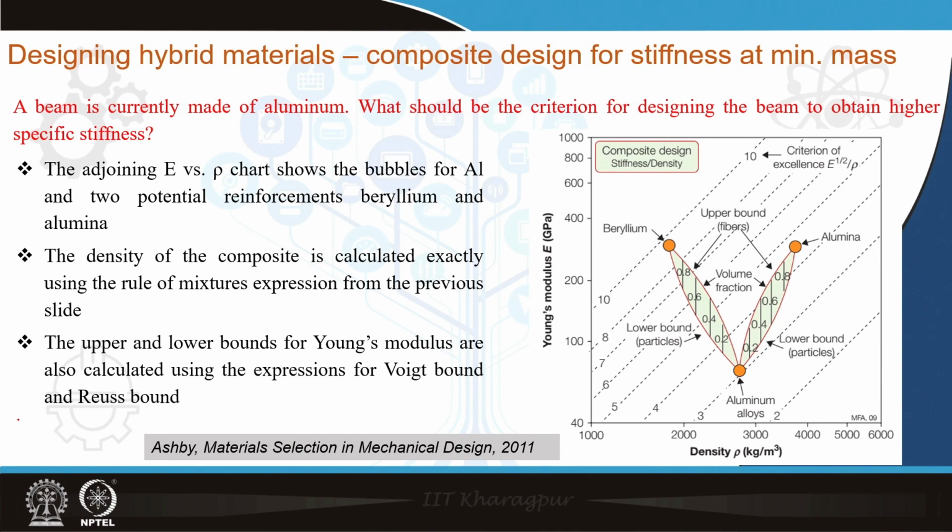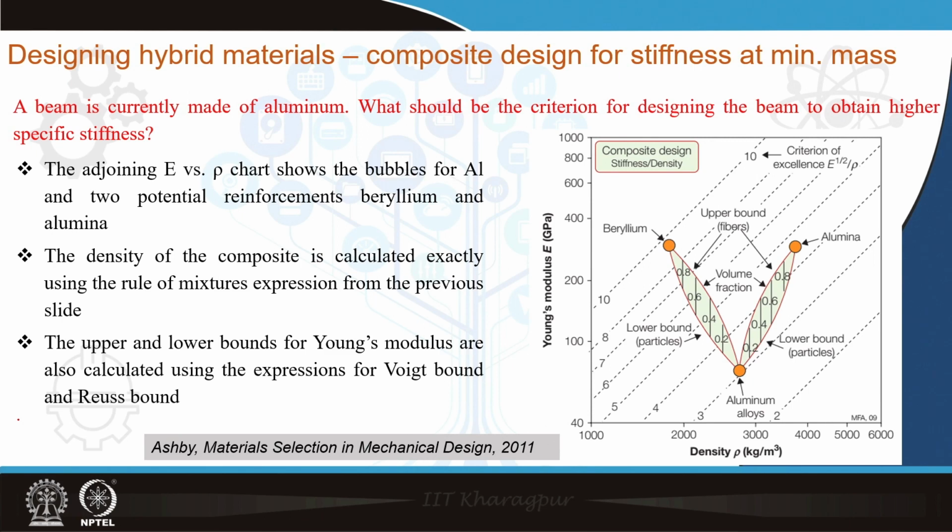They correspond to the properties of both alumina and beryllium, because this is a diagram of Young's modulus versus density. The density of alumina is known, the density of beryllium is also known, and also the Young's modulus of alumina and of beryllium are known. If we simply identify those points and join them, we can obtain the composite materials' property domains.